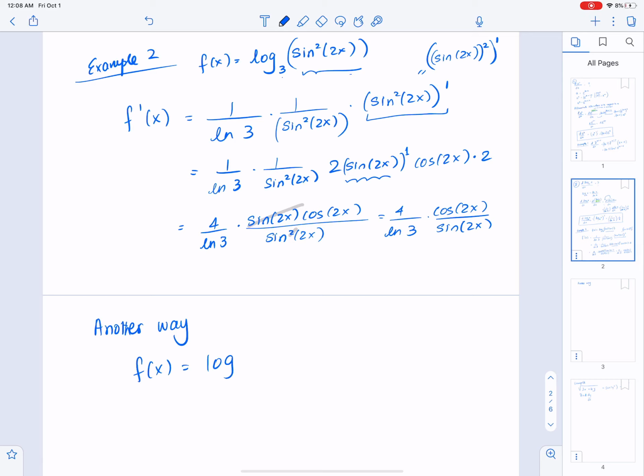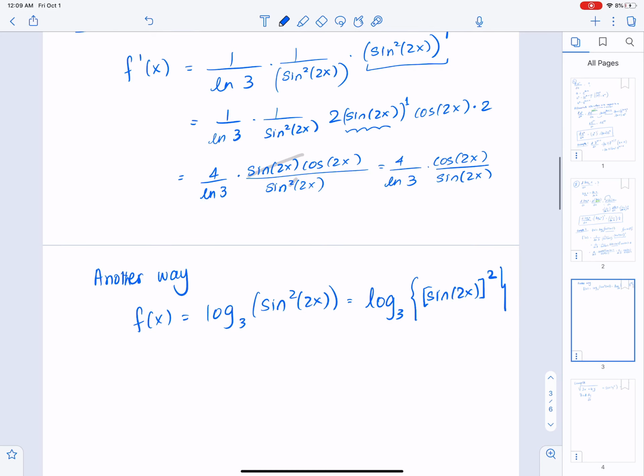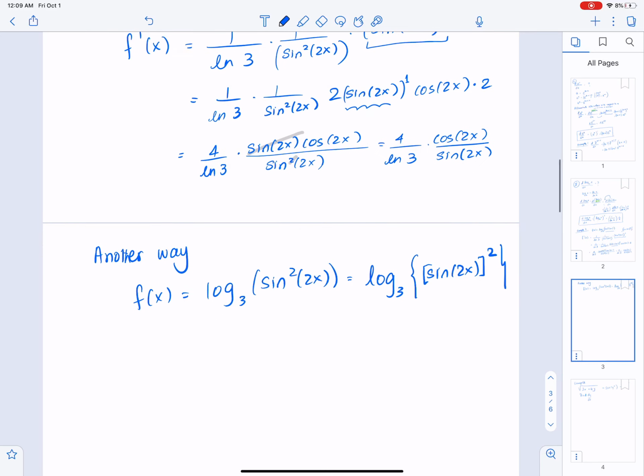So you have log base 3 of sine squared 2x. So what is that? Log base 3 of (sine 2x) squared. You're not squaring the 2x, you're squaring the sine. Maybe we should use different parentheses, just to make it clear what's being squared.